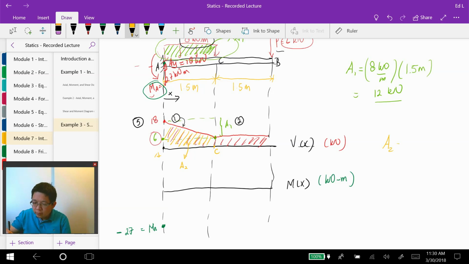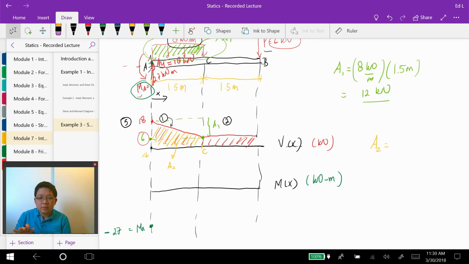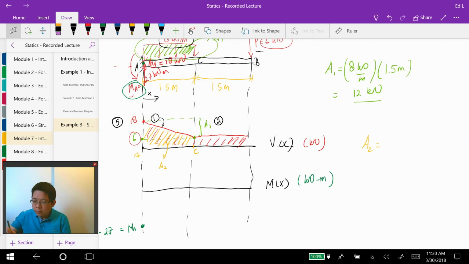A2 is the area of a trapezium, so we can use 18 plus 6 divided by 2 times 1.5, which is this magnitude plus this magnitude divided by 2 times the height of the trapezium, 1.5. So we obtain that it is equal to 18 kilonewton meter.